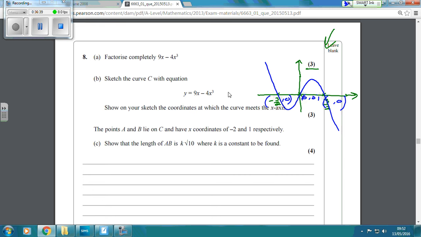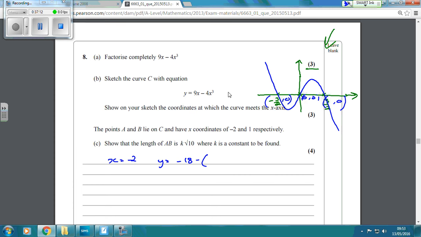Okay, so we now know that the points A and B lie on the curve C and have the x-coordinate of -2 and 1 respectively. So let's work out what the y-coordinates are. When x equals -2, y equals 9 lots of -2, which is -18, take away 4 lots of -2 cubed, so -2 cubed is going to be -8.